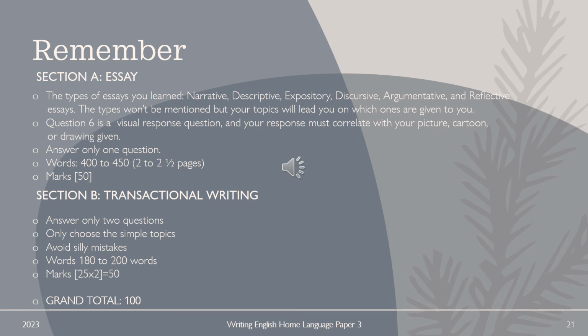Avoid silly mistakes like not writing in paragraphs, like not planning, like punctuation marks not being there, like using capital letters wrongly, like writing your pronoun I in a small letter. You are writing 180 to 200 words, and your marks per question are 25, and your grand total for this paper is 100.